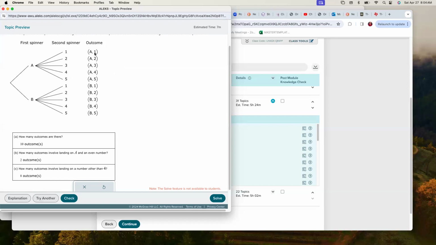That's the list of all possible outcomes. And then our desired outcomes, depending on what we're asked to find here, becomes a way of determining probabilities. So again, if we want the probability of getting an A on the first spinner and a 3 on the second one, we just count the sample space, all possible things.